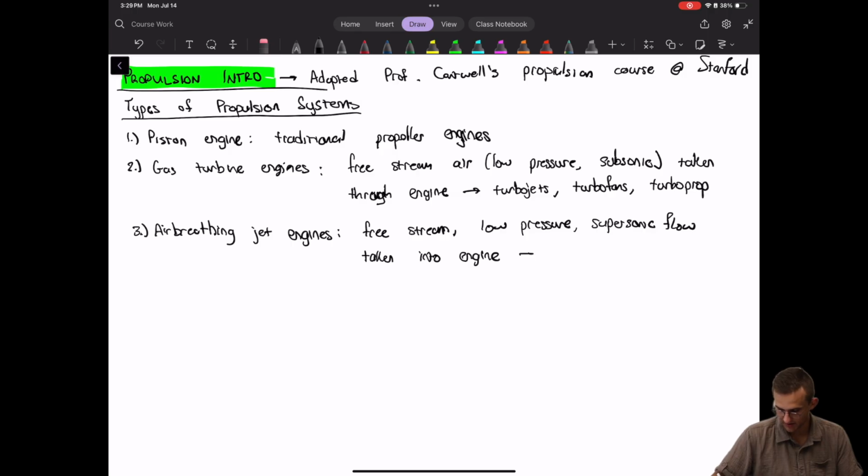Examples of this are the ramjet and the scramjet, which itself is a topic of active research.